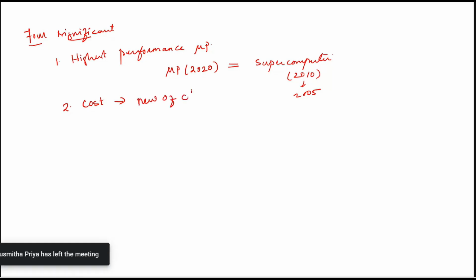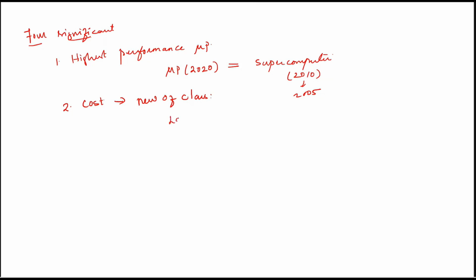Back in 2010 or 2005, only supercomputers and desktops were in the picture, but after that laptops came, then mobile devices, then tablets, and so on. Because of this cost, we have arrived at new classes of computers.